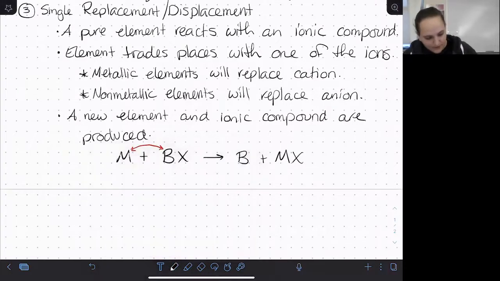So for an actual example, we might have zinc react with silver nitrate.